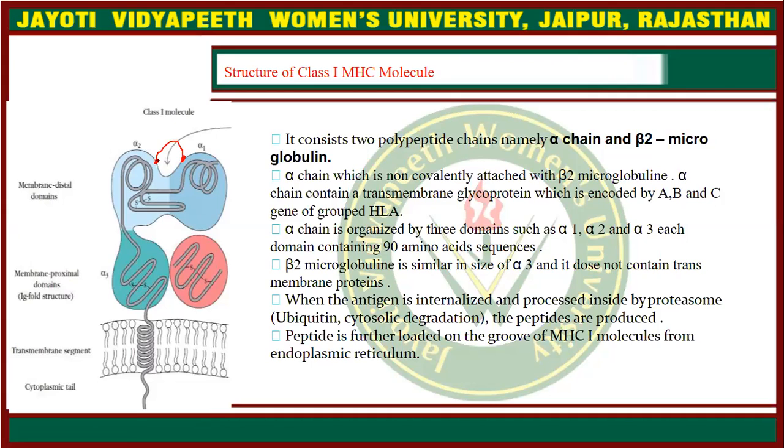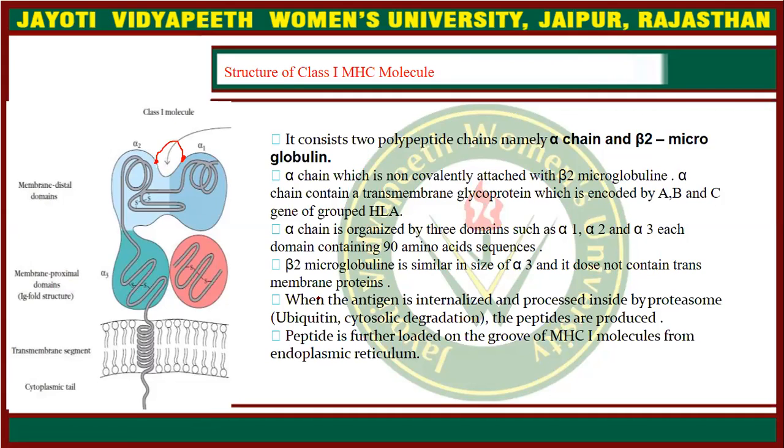One more thing: the genes for alpha are present on chromosome number 6, and the gene for the beta chain is present on chromosome number 15. They are synthesized separately, but at the time of maturation they mix together, form a complex and create the major histocompatibility complex number 1.